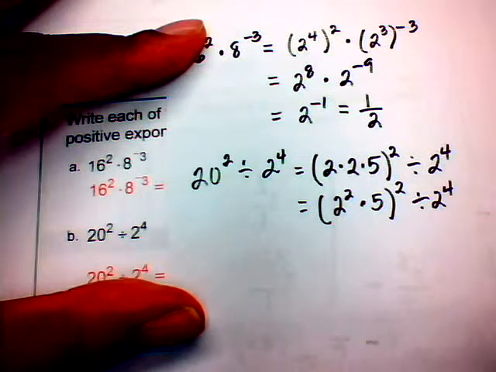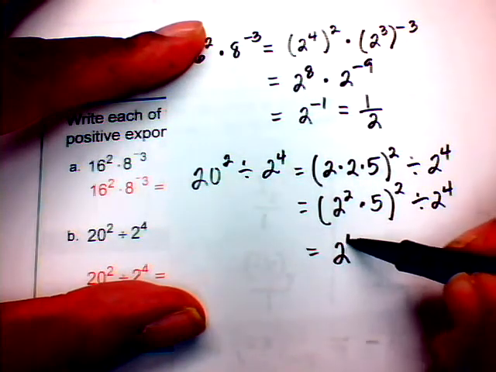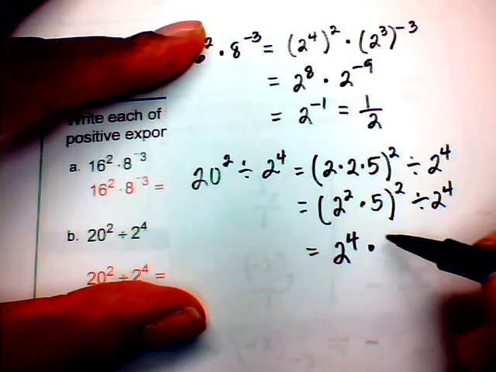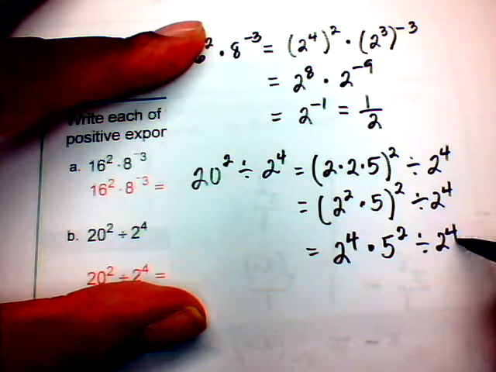In this case, that 2 to the 2nd is going to be squared, raising a power to a power, you multiply your exponents, that'll be 2 to the 4th, times the 5 is also going to be squared, so it'll be 5 to the 2nd divided by 2 to the 4th.